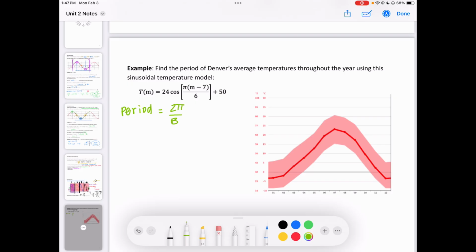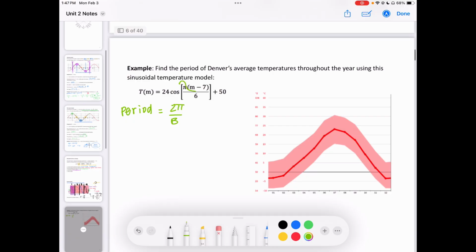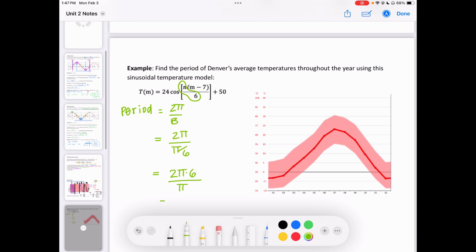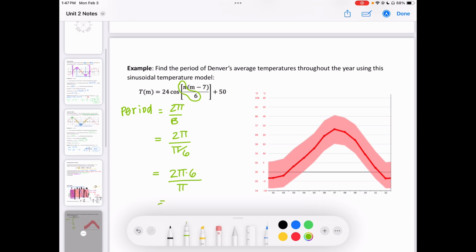Our b, if we take a look at it, is going to be pi over 6. So I am going to take 2 pi over pi over 6. That's going to turn into 2 pi times 6 over pi, which is going to equal 12. So my period is going to be 12.